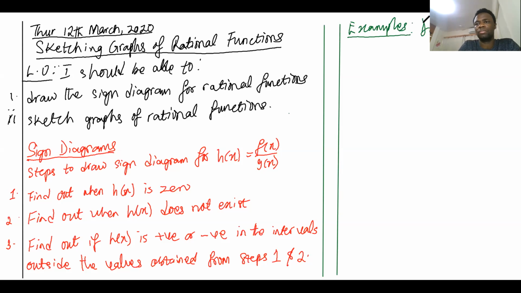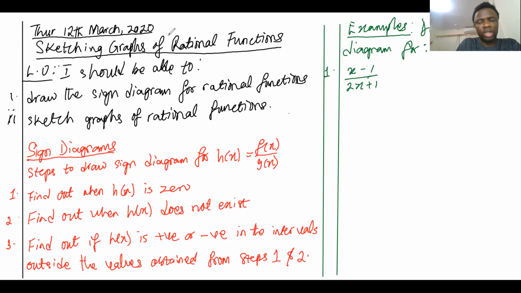Draw the sign diagram. One: we have x minus 1 divided by 2x plus 1. So go to step 1.